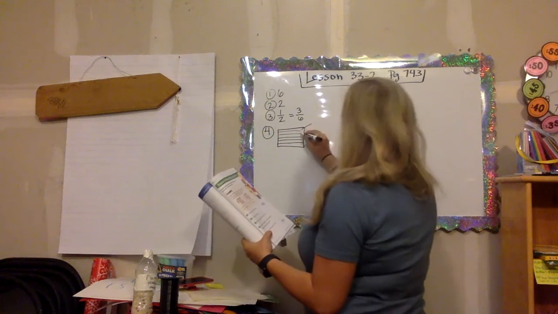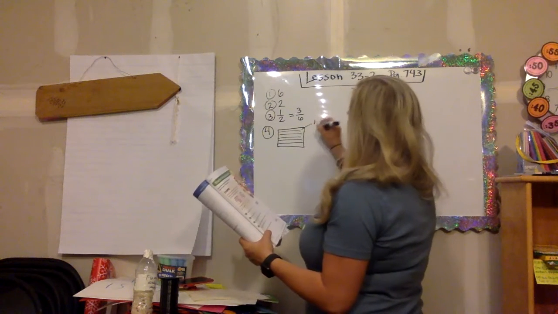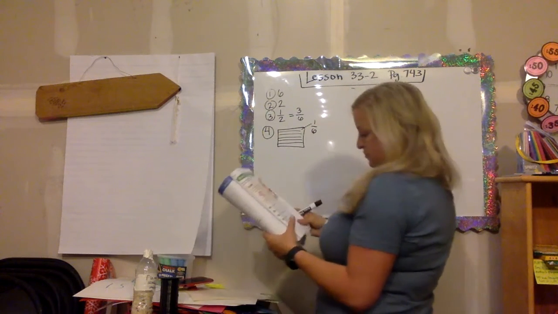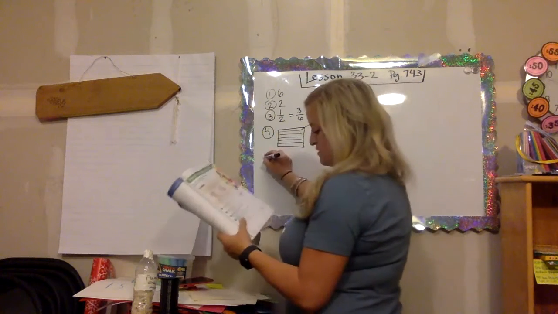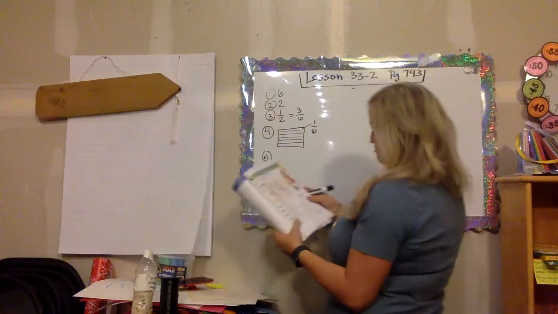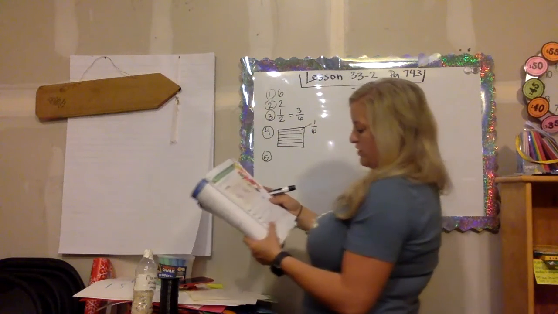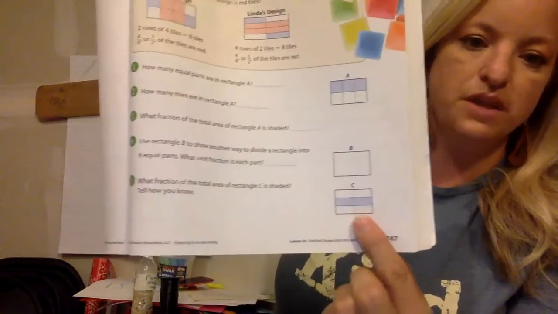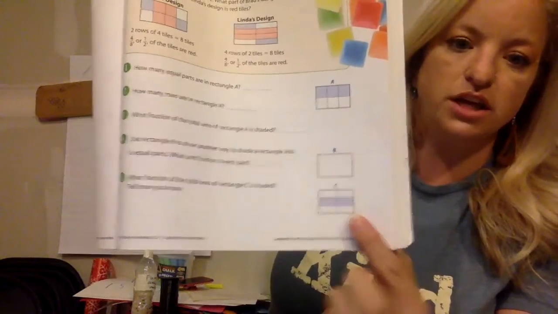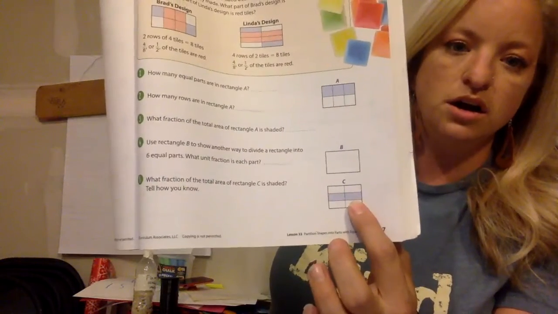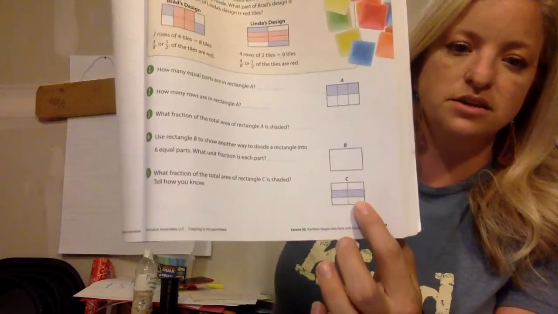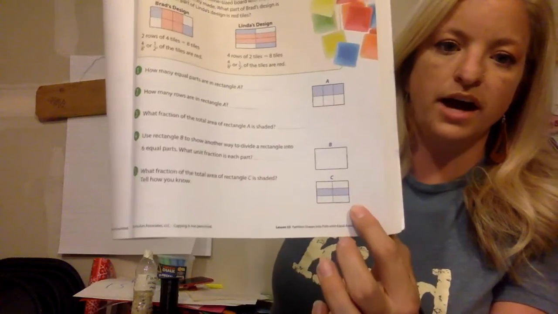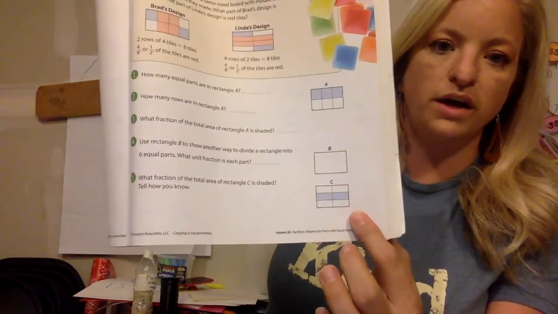So it's like if I have 1 and you have 1 and we all have 1, we all get 1/6. Number 5. Tell what fraction of the total area of rectangle C is shaded. What fraction is shaded? I have 2 of the 6, or I have 1/3.